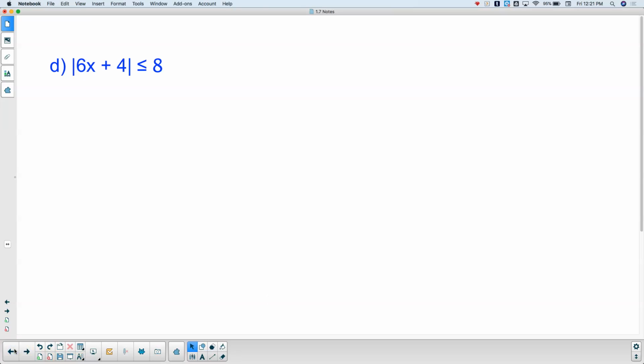All right, walk me through it. Shout it out when you think you got it. Don't everybody speak at once. The answer or the steps? We got to walk through the whole problem. 6x plus 4 equals 8, and 6x plus 4 equals negative 8. Call on somebody.